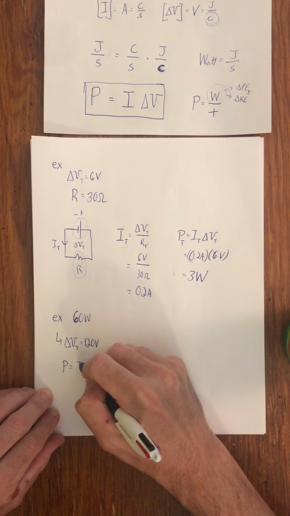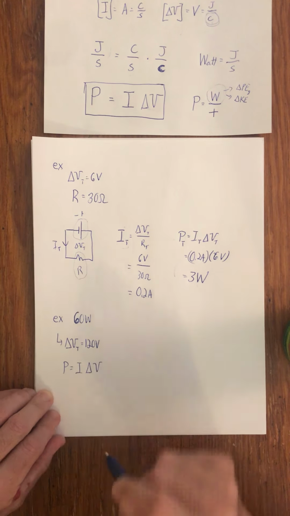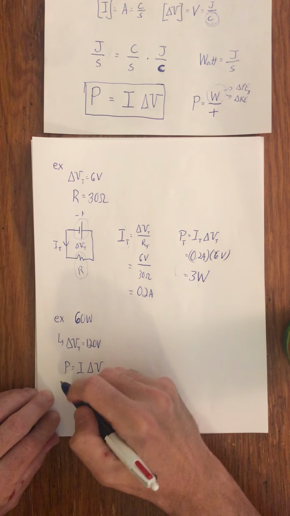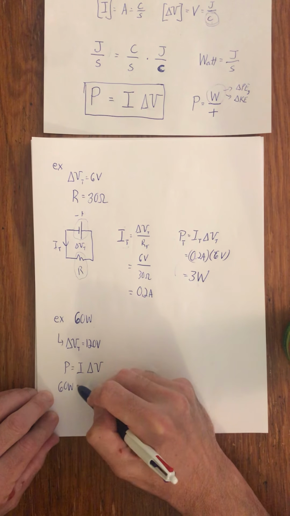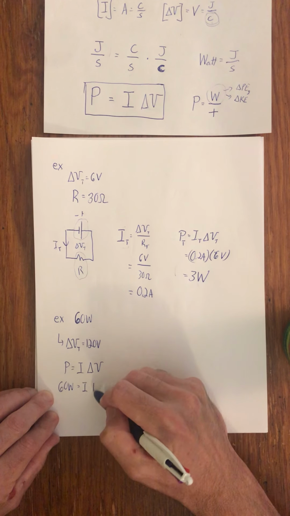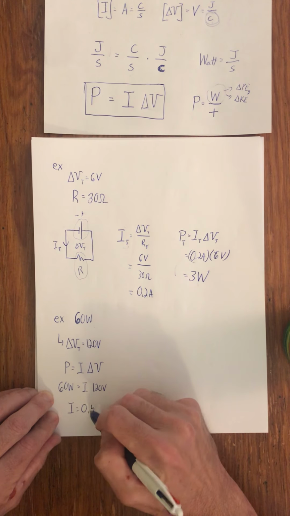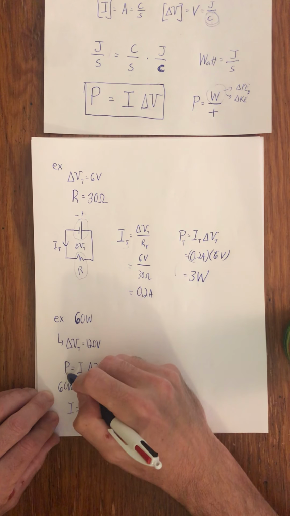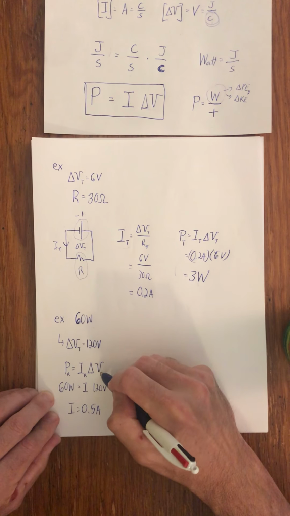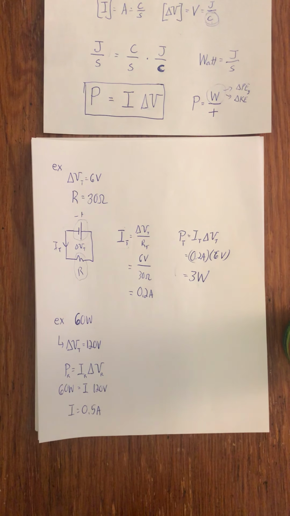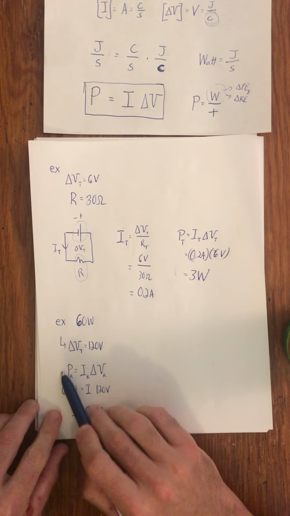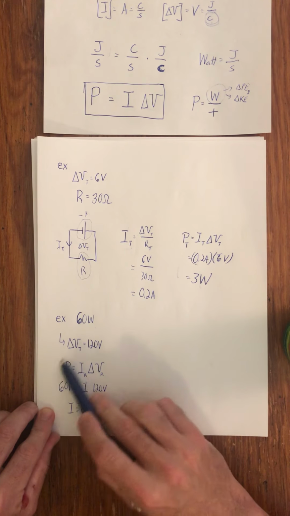If I go P equals I delta V here, this would be 60 watts. The current I don't know. The delta V is 120 volts. I is equal to 0.5 amps. Now, notice I was actually using R as a subscript, because that's the rate at which the resistor is converting that energy.